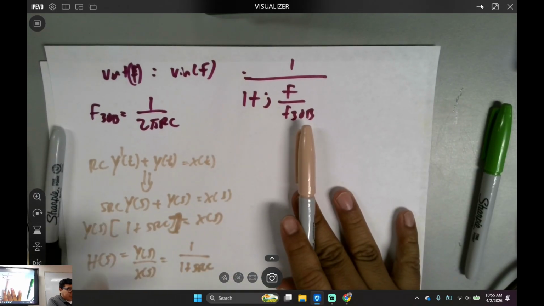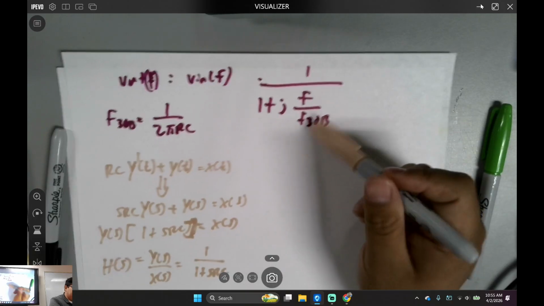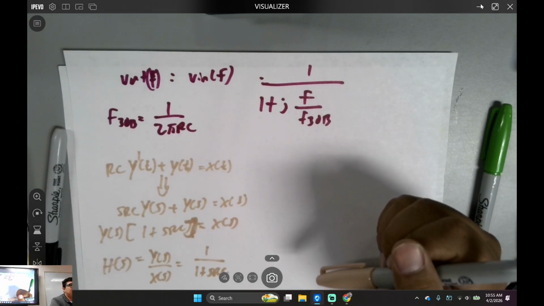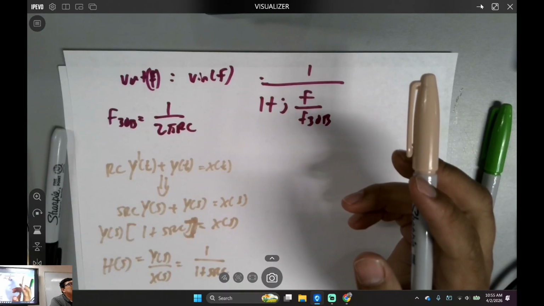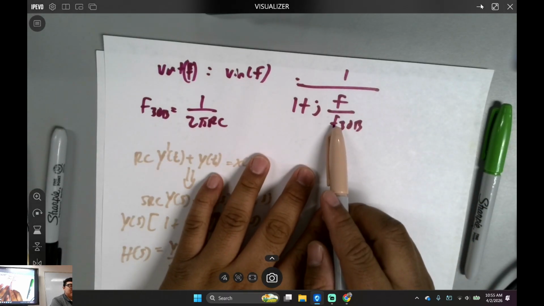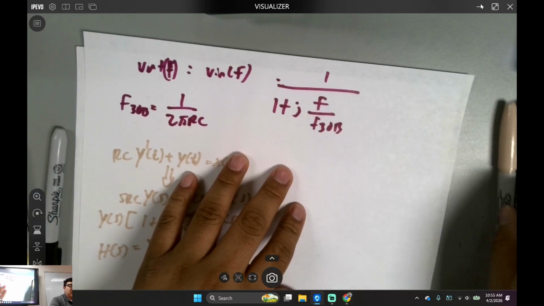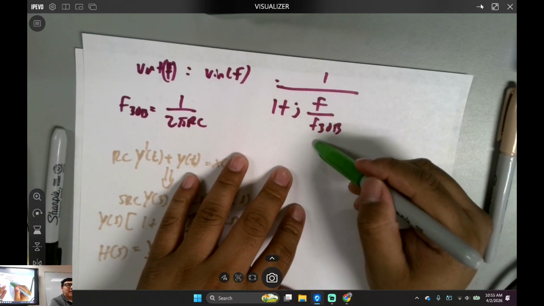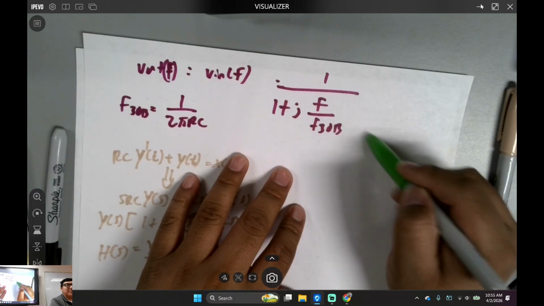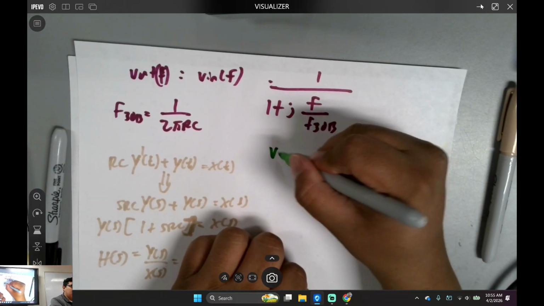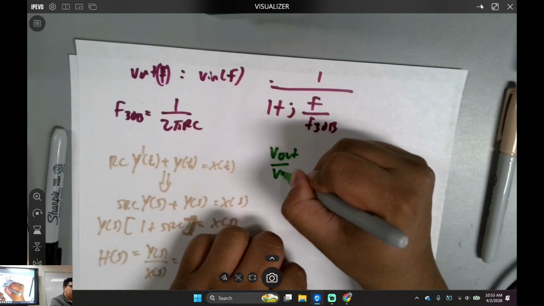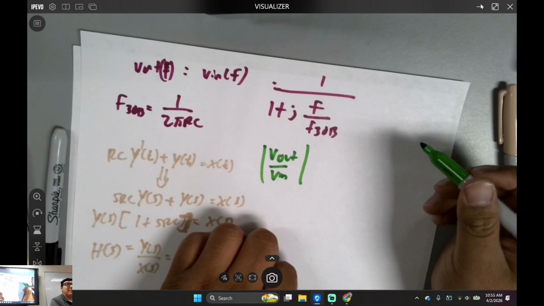Anyways, so what happens when F goes to infinity? Or actually, okay, better yet, let me do the magnitude response. You guys remember absolute value, or magnitude. So Vout over Vin, magnitude.